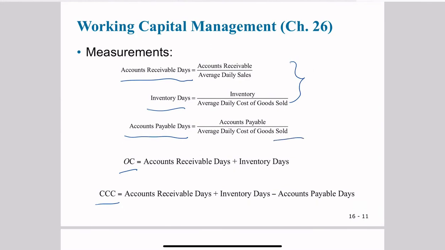And then for accounts payable days, generally you want it to be large, but you don't want it to be too large. This one is more nuanced because you have to think about credit terms and whether you want to pay early or late. So this one is really a more detailed case-by-case matter.